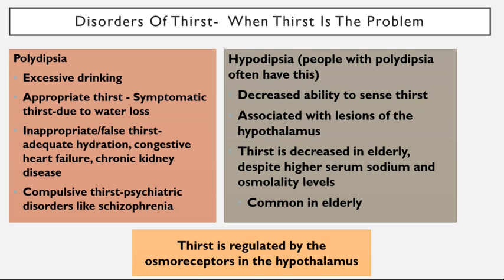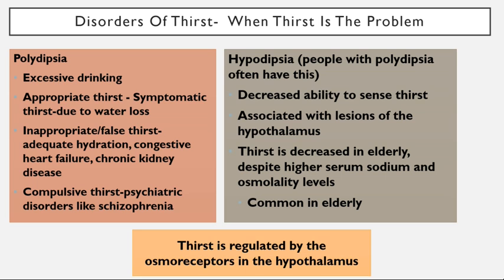So polydipsia and hypodipsia, they're opposite conditions. And so people with polydipsia obviously don't have hypodipsia. Polyphagia is increased hunger, right? Polydipsia, the 3 polys. Insipidus.